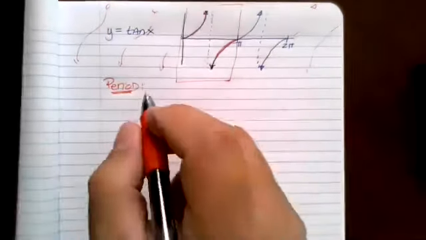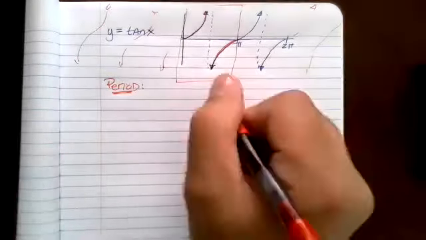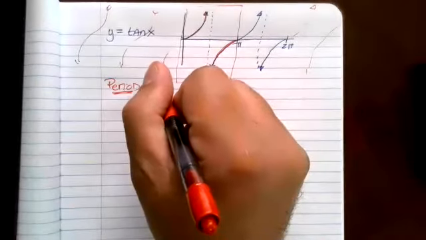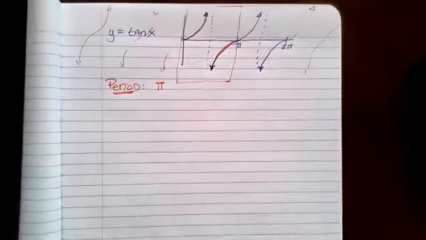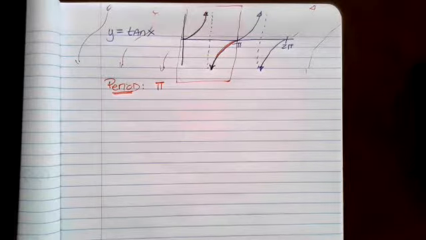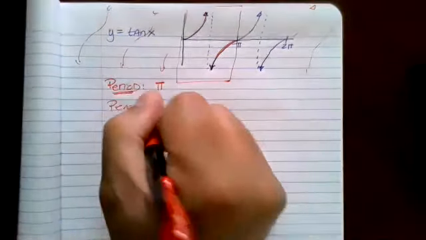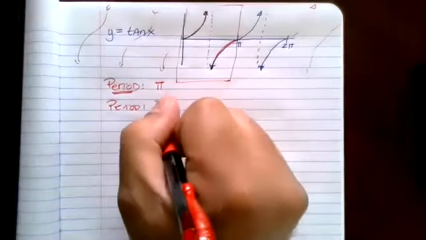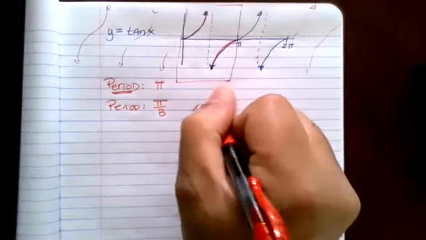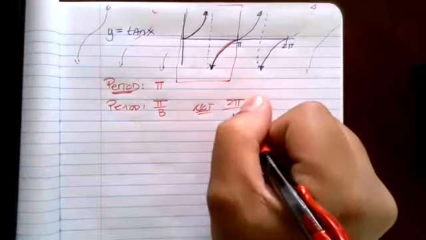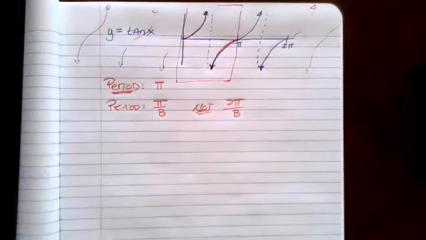With tan, a period occurs at pi. So when we have to find the period, it'll always be pi over b, not 2 pi over b, right?